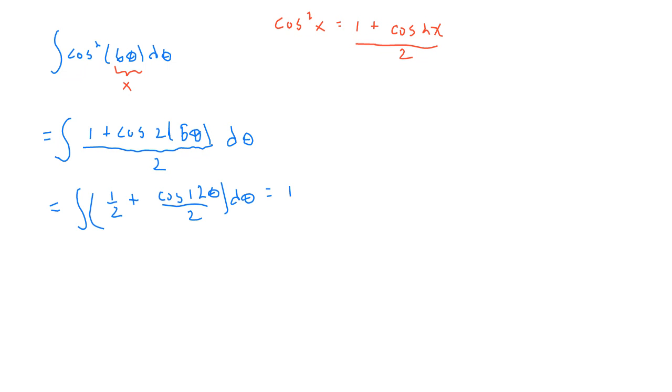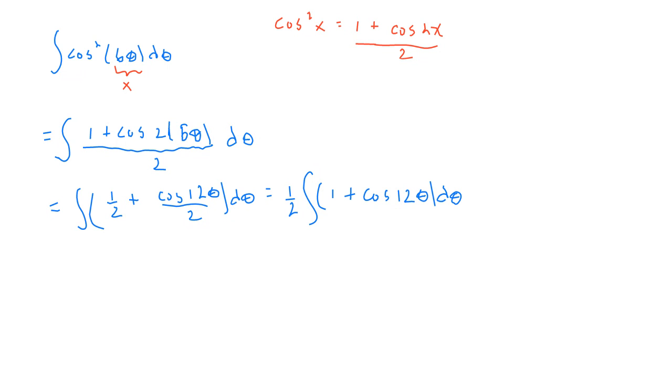And the half, I can bring out front. So then I'd have 1/2 times the integral of 1 plus the cosine of 12 theta d theta.